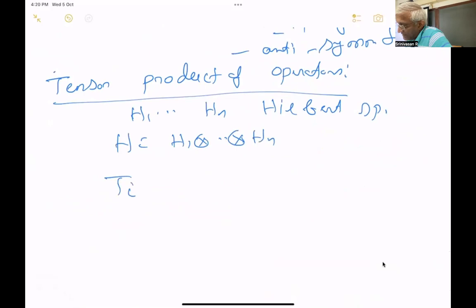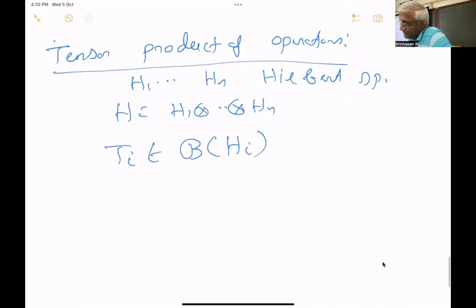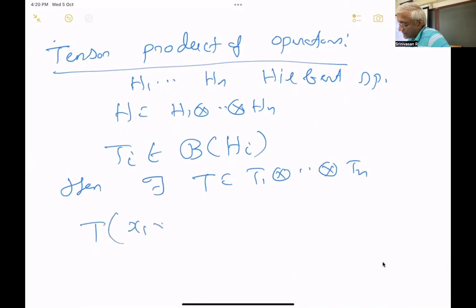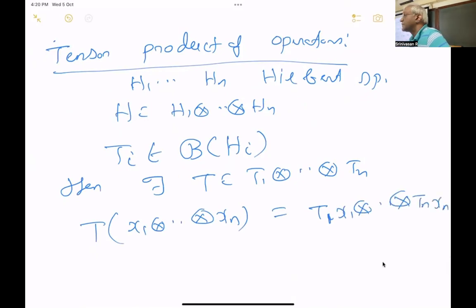And if Ti is an operator in B(Hi), then there exists T, which we also denote by T1 tensor up to Tn, where T of any elementary tensor x1 tensor up to xn equals T1 x1 tensor up to Tn xn. This is true for all x1 up to xn.